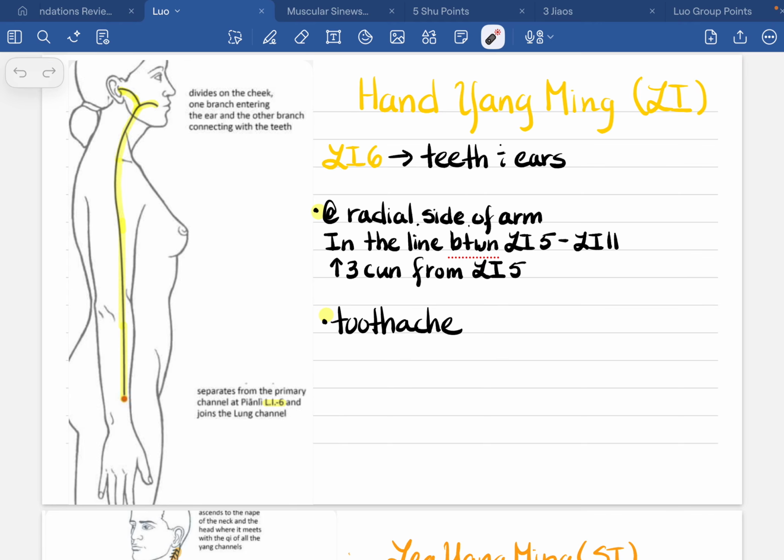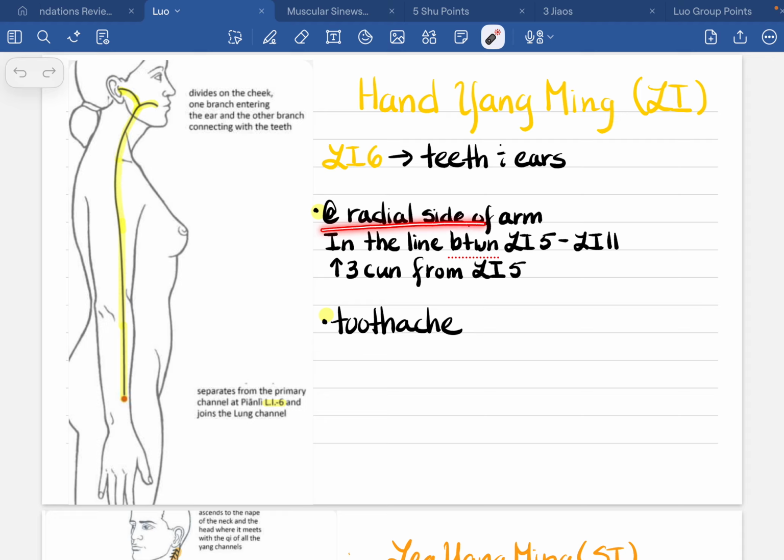Now we have LI 6 as the Luo point for the LI. It travels to the teeth and ears. So this one actually goes up from LI 6. It divides onto the cheeks and the ear, but usually we say the teeth and the ears, okay?